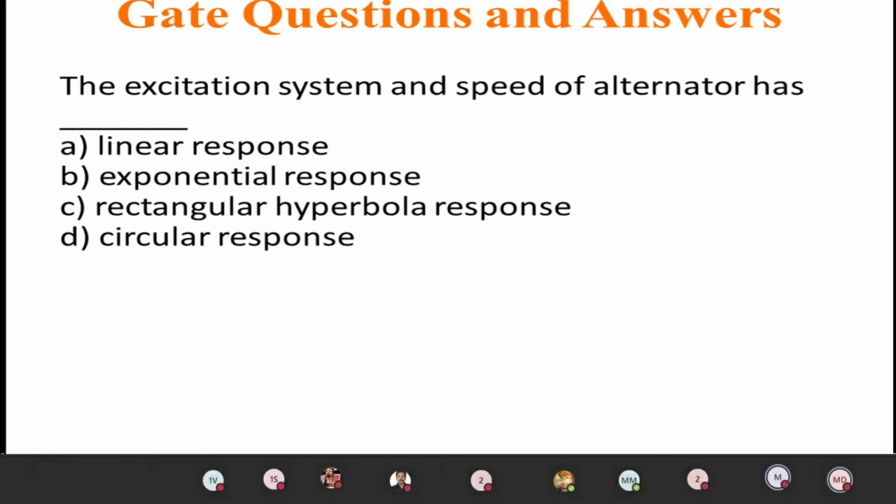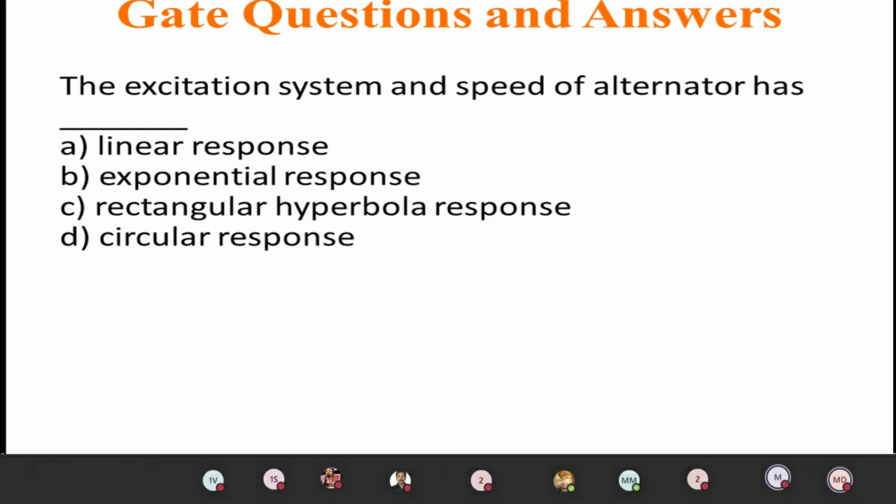From that residual magnetism, the alternator produces a small amount of voltage. That small voltage is returned back to the field and the field starts to energize. This continuous process builds the alternator up to the desired voltage.